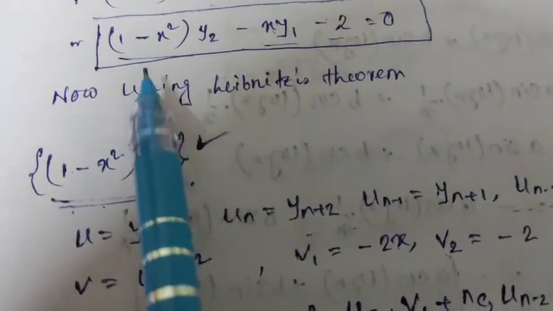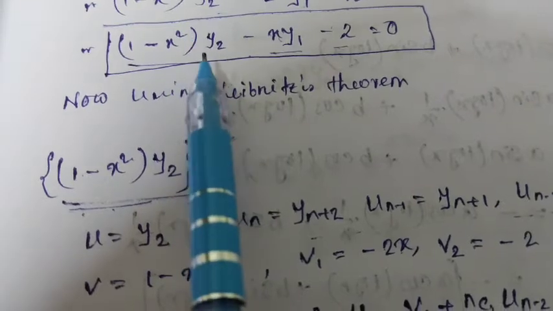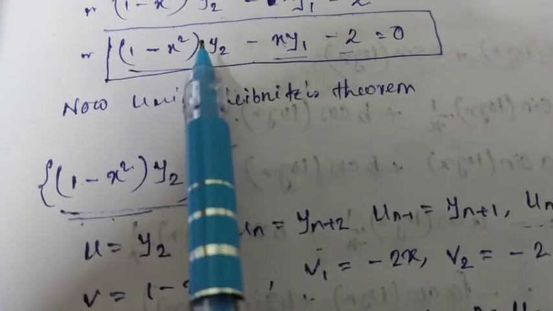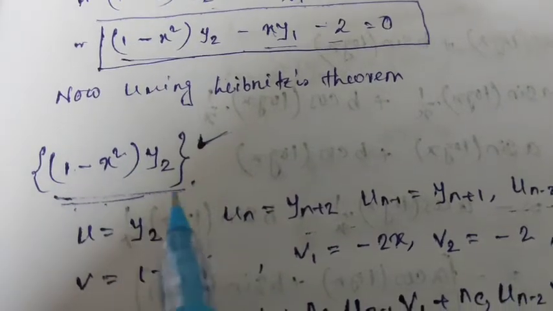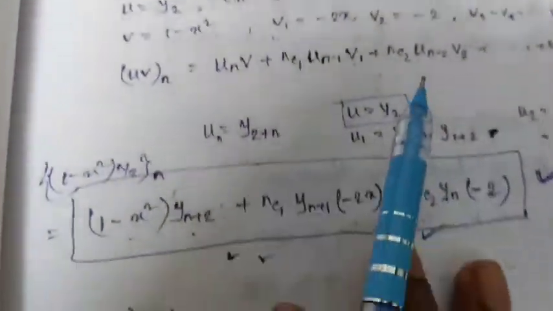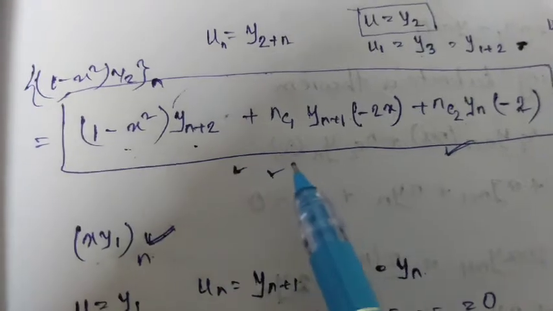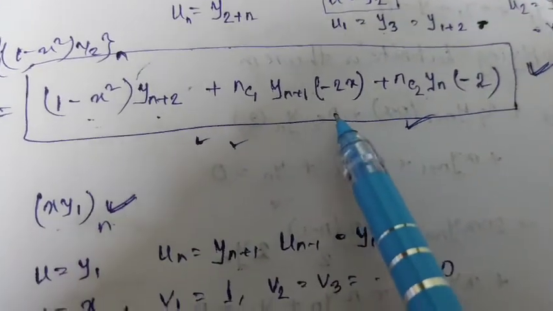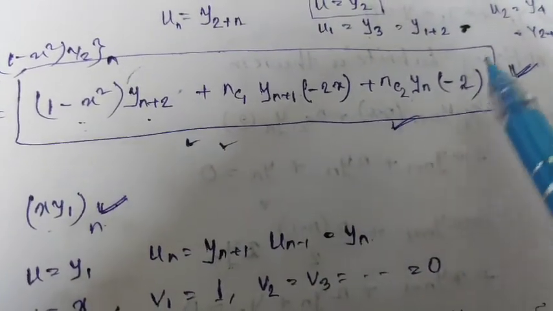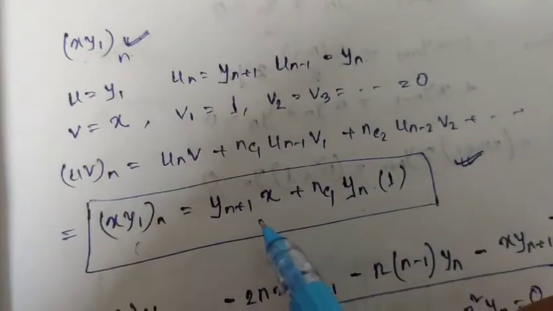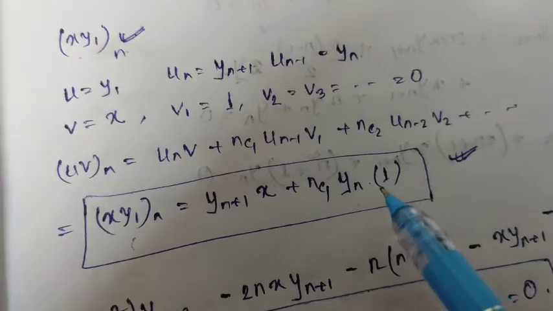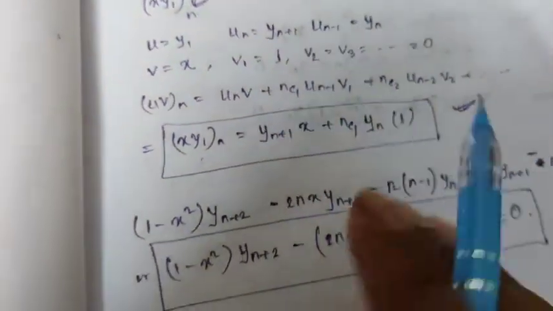Now, using the Leibniz theorem on this equation, we get (1 minus x square) y2 suffix n, that is (1 minus x square) yn+2 plus nC1 yn+1 (minus 2x) plus nC2 yn, and (xy1)n, that is yn+1 x plus nC1 yn into 1. Now we put all these values here.